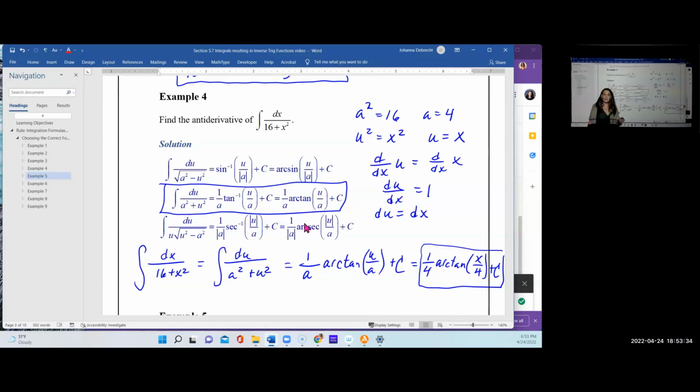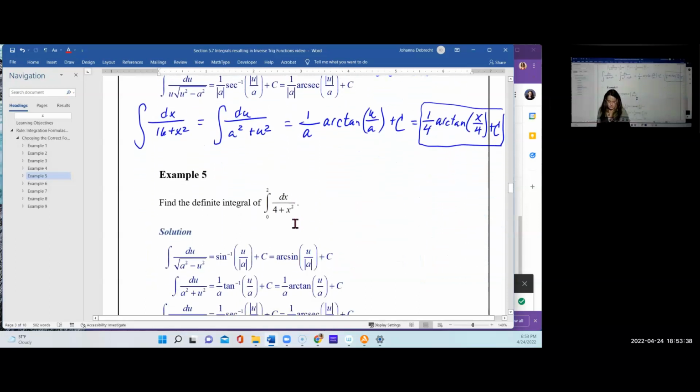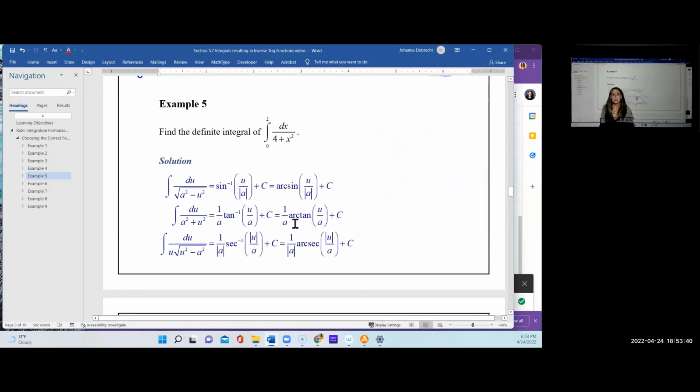Let's take a look at example 5, which is a definite integral. When we're looking at example 5, we'll have to replace the differential dx with an expression involving du. We'll have to replace the 4 with an a squared and the x squared with a u squared. But we also have to replace the 0 and 2.